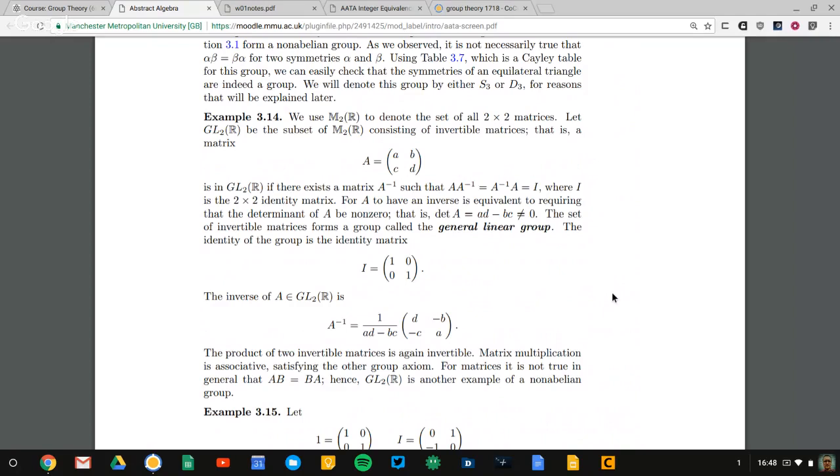The determinant of A times B is the determinant of A times the determinant of B. So if the determinant of A and the determinant of B are non-zero, so is the determinant of A times B. And so the system's closed and it has inverses. If the determinant is non-zero, there is an inverse matrix.